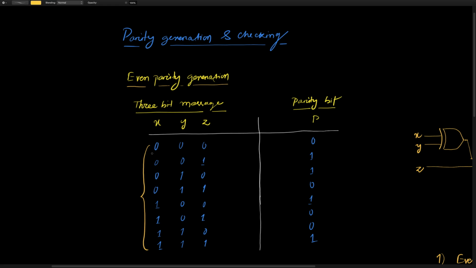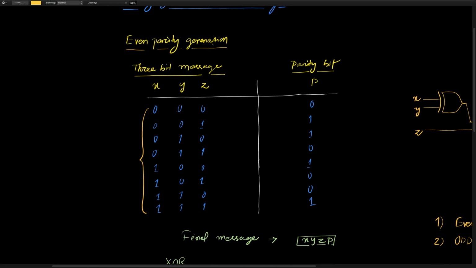That means in the whole message the number of ones should be even. So the final message would be x, y, z, and p, and combining the message and the parity bit should contain an even number of ones, and that's exactly what even parity means.